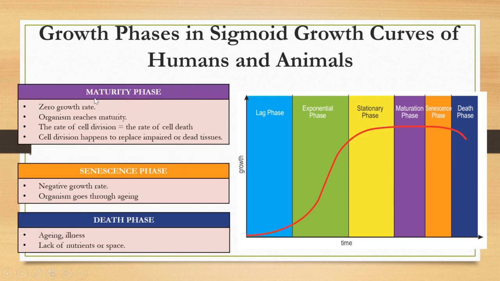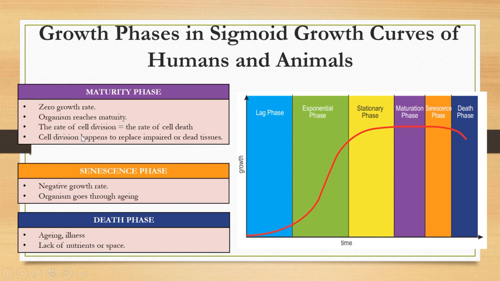It is referred to as the maturation phase or maturity phase. We can see here it shows zero growth rate, so no more growth occurs. The organism reaches maturity.